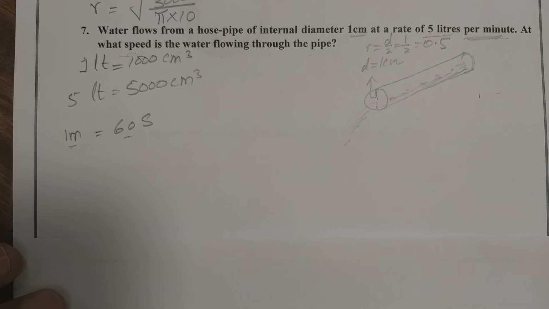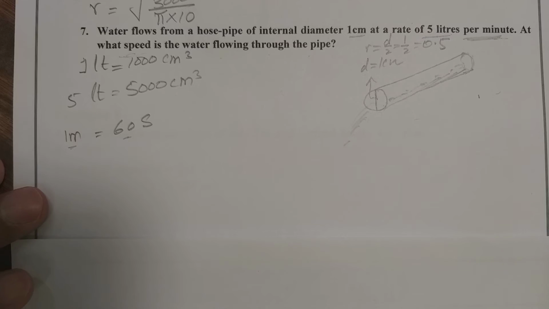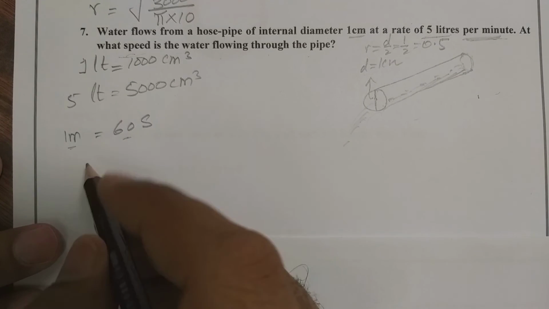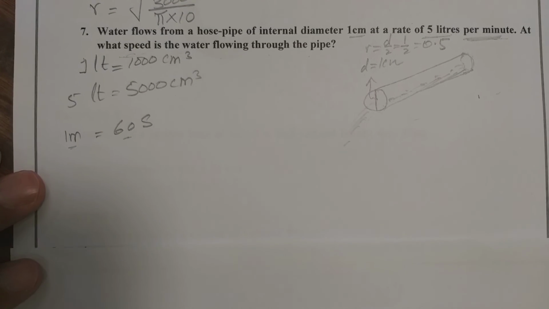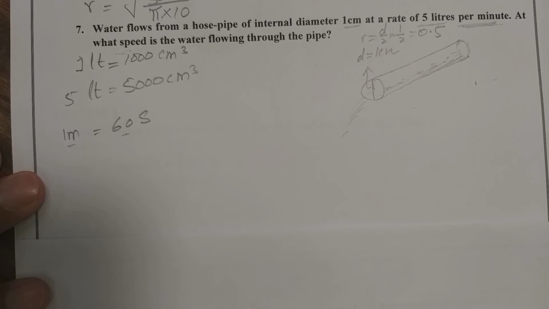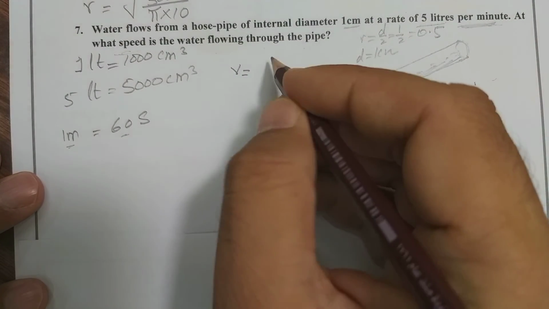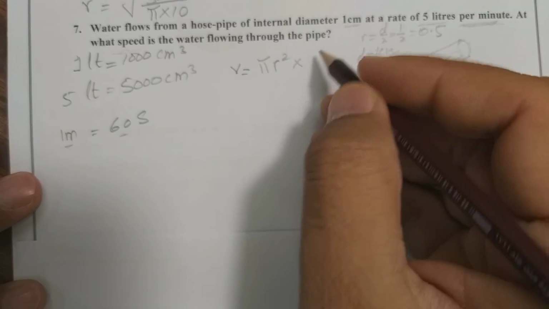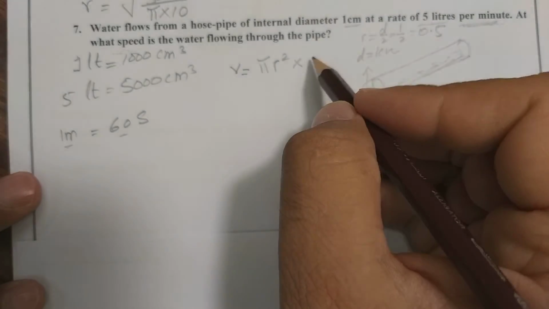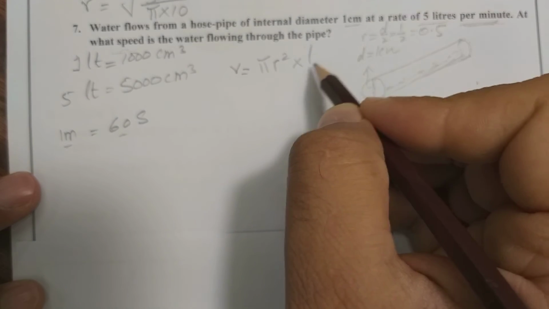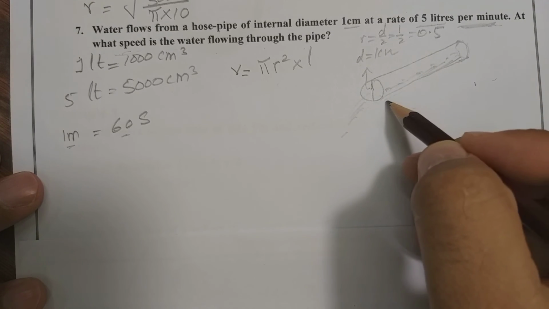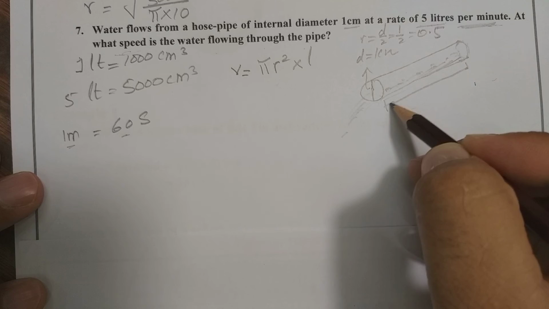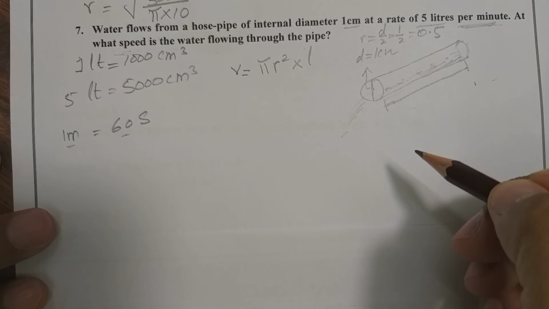Now everything is easy for us. We use the formula: the volume V equals pi r square times the length. We need to find the length L of the pipe through which the water flows in 1 minute.